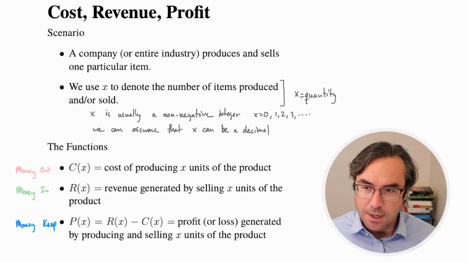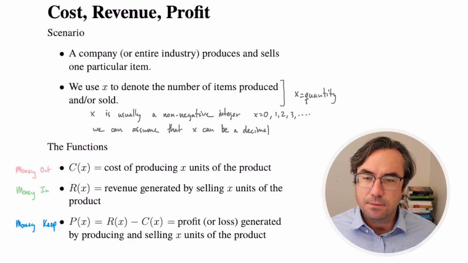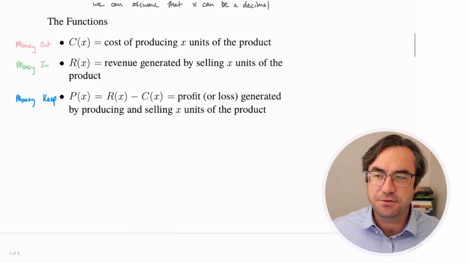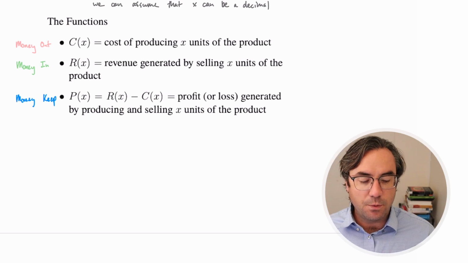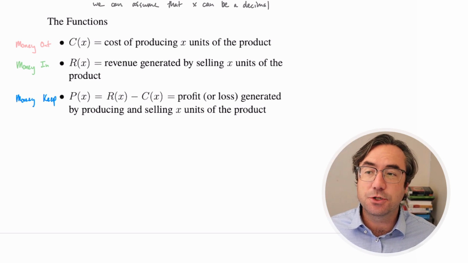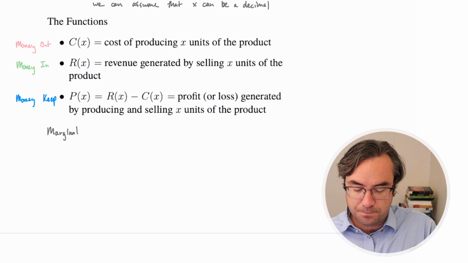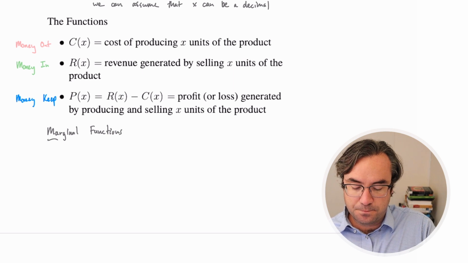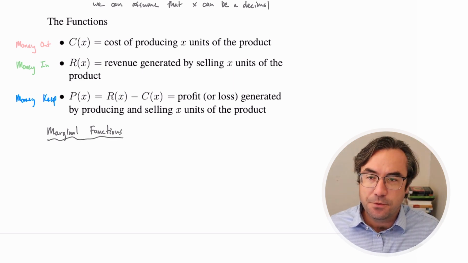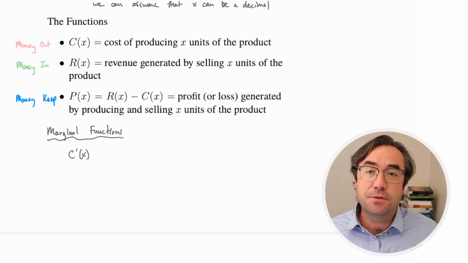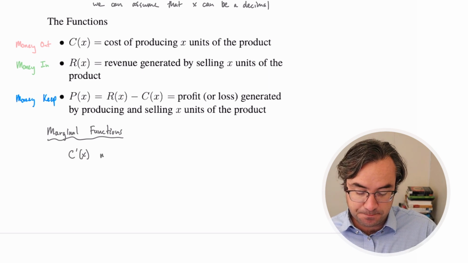Okay. So, what happens if we differentiate these functions? Well, we get something called the marginal functions. So, the derivative C prime, the derivative of our cost function, this is what we call marginal cost.